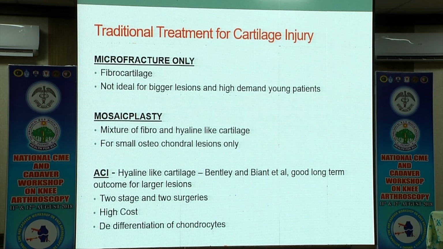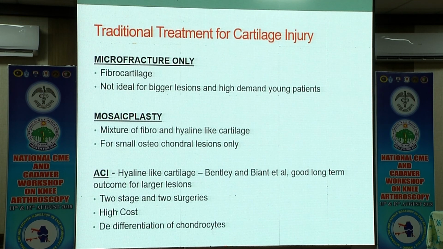Mosaicplasty was also introduced about 10 to 15 years back, which is useful for small lesions and mainly osteochondral injury. For pure cartilage damage, mosaicplasty may be too big a kill. ACI has also been a favored treatment for cartilage damage, introduced about 10 to 15 years back, with Bentley and Bland as the pioneers.